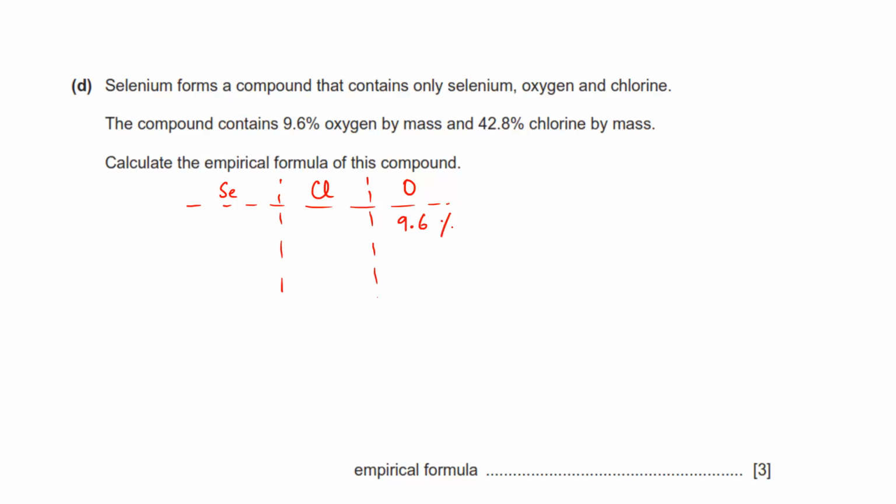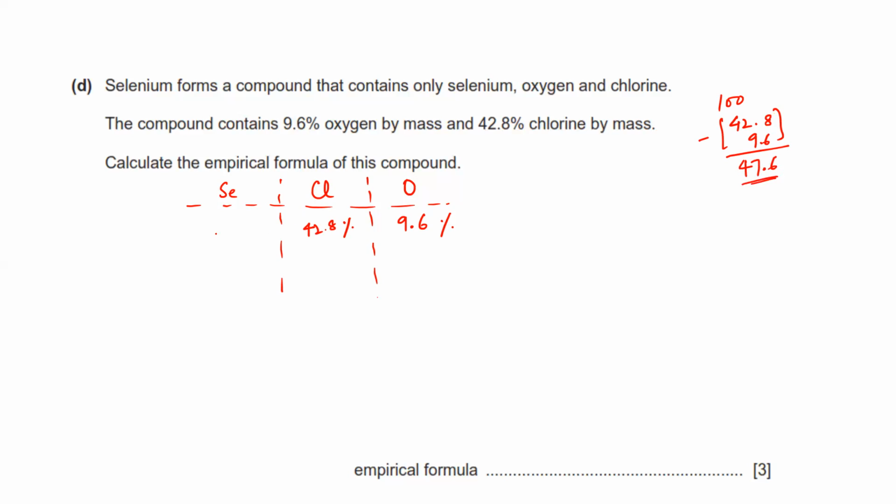Oxygen is 9.6% by mass, chlorine is 42.8% by mass, and for selenium we simply add 42.8 to 9.6 and subtract it from 100.